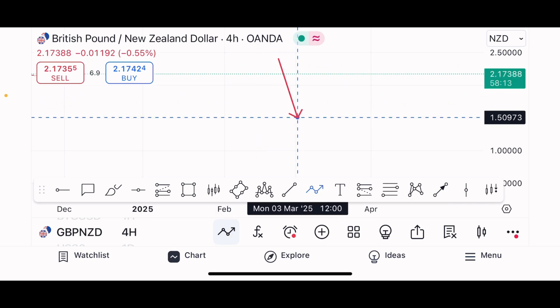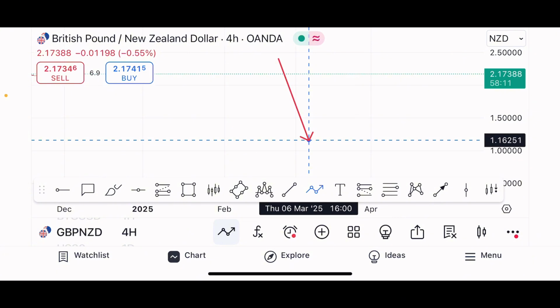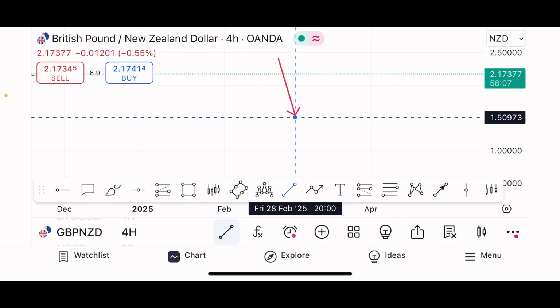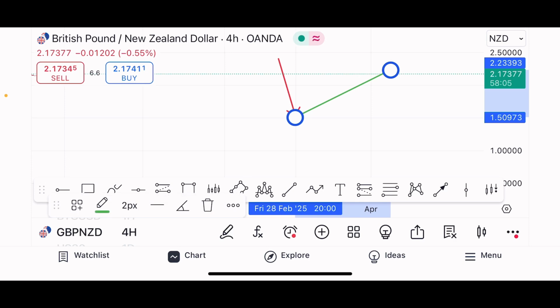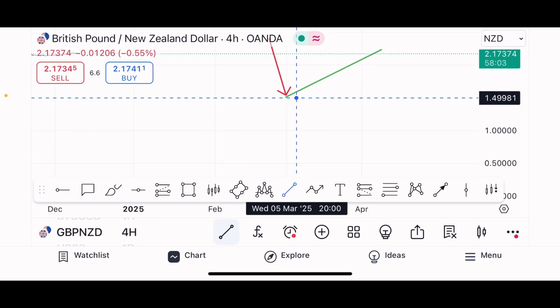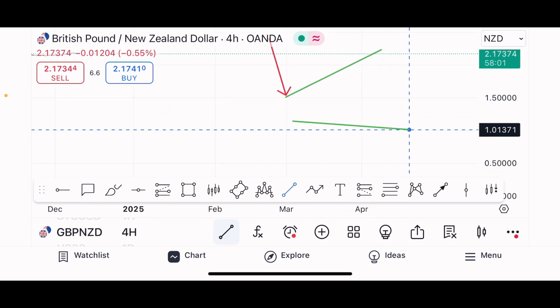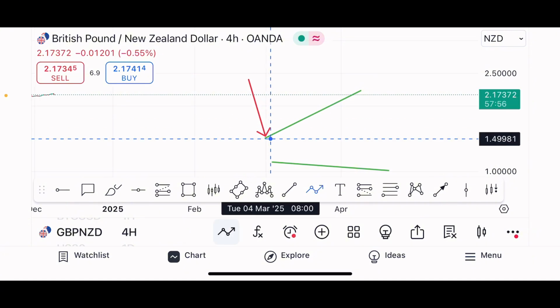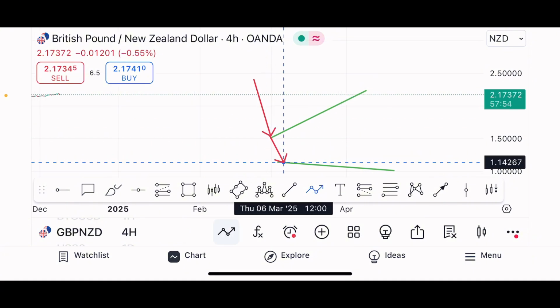So we'll have a very strong impulse, right? So let's just create this channel quickly. Then the market will break into this channel. It will start off small, right?